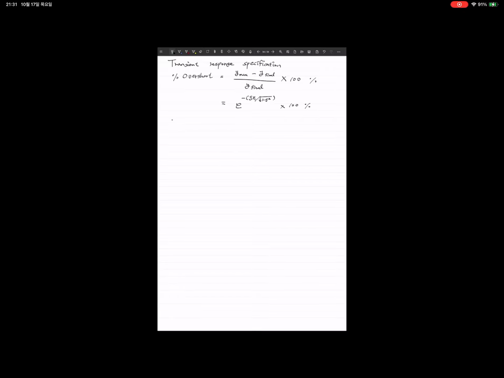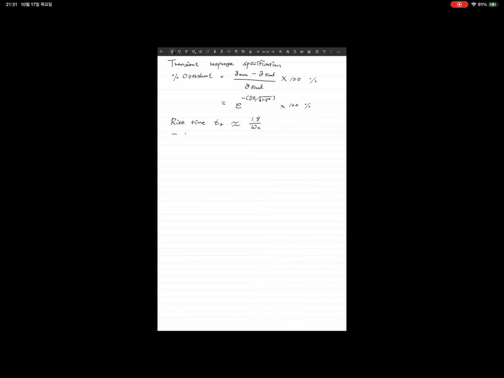Also we have rise time, which is one of the transient response specifications, and we denote the rise time as TR. The rise time can be approximated by this equation, 1.8 over omega n.